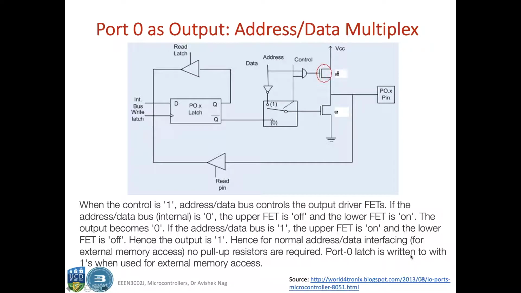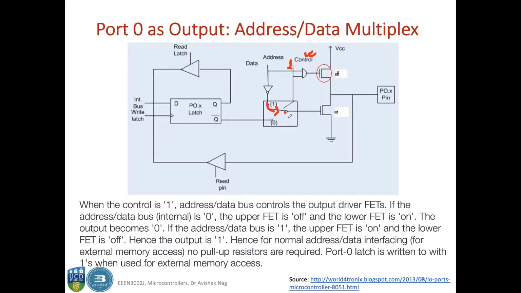Okay, one more thing is remaining. So when you use port 0 as address data multiplex, which is another function of the port 0, then in such a case this control signal is 1. Okay, and this point is connected to this.